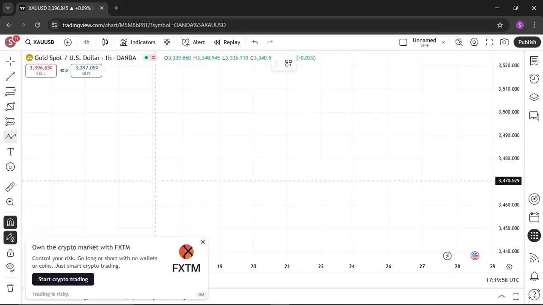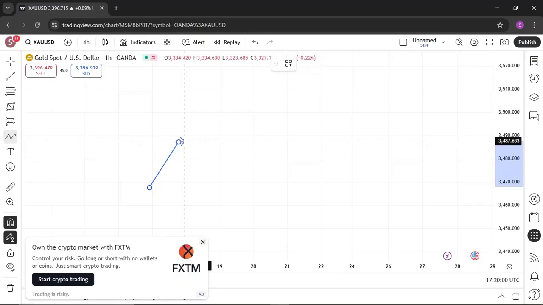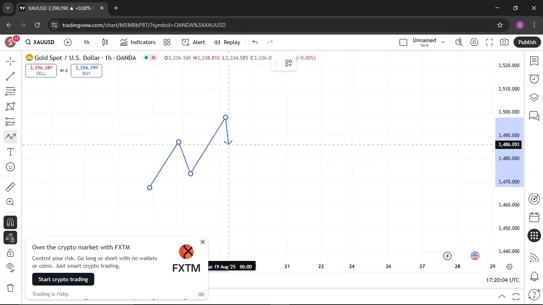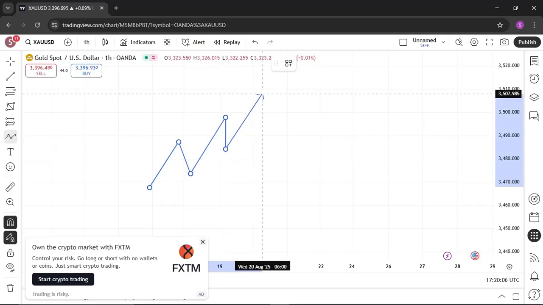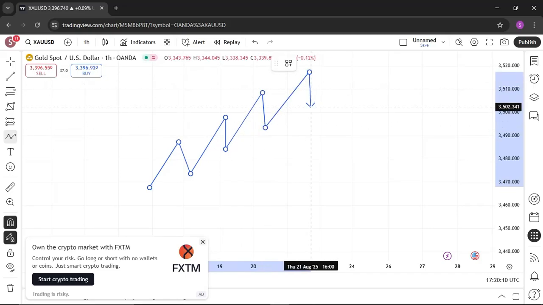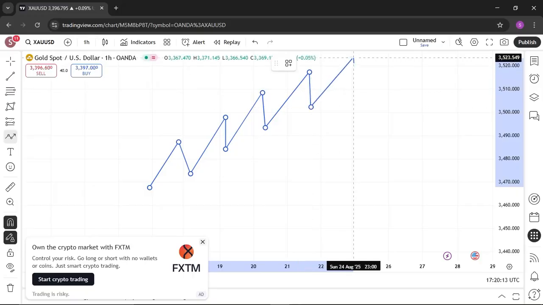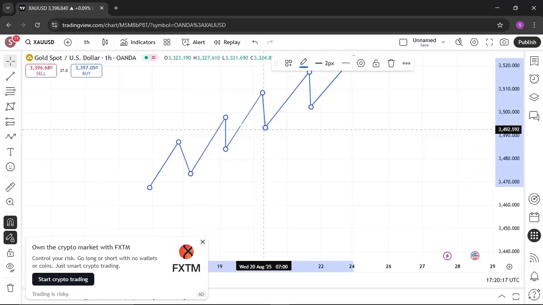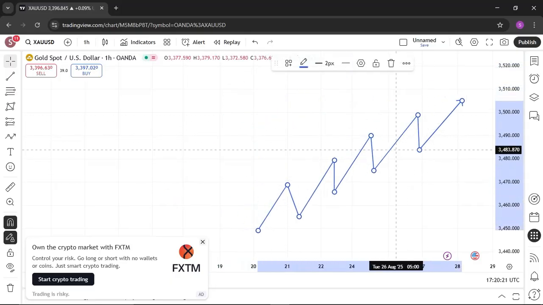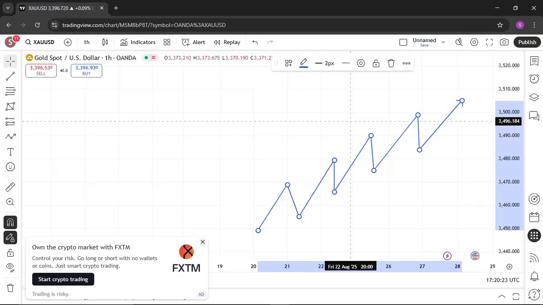So now this is how the market moves. Okay, so this is the movement of the market, and this is an uptrend. Market is moving in an uptrend direction like this.